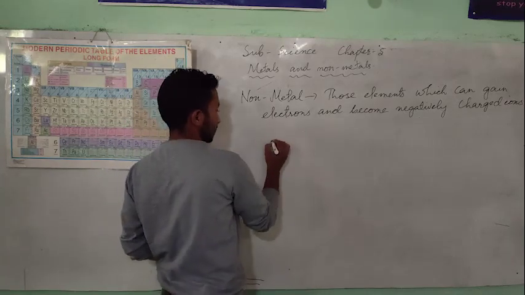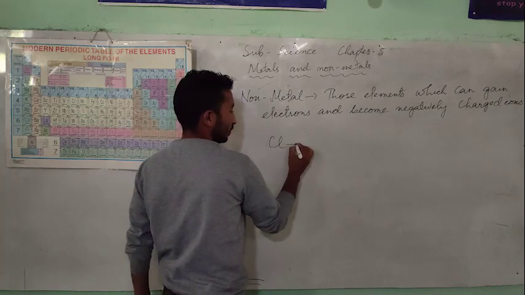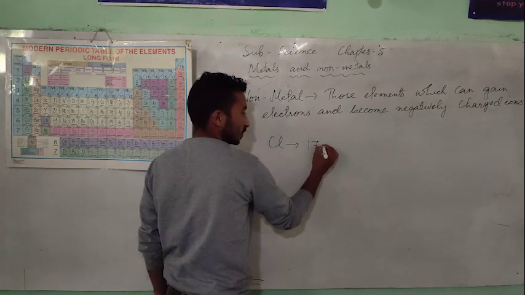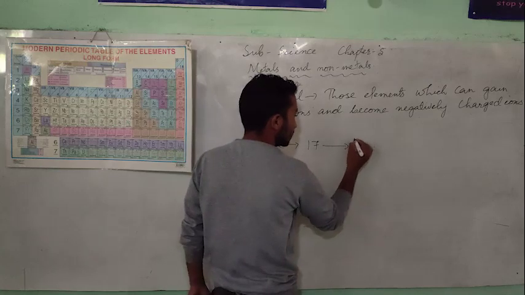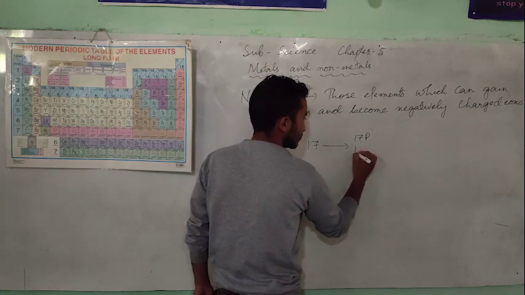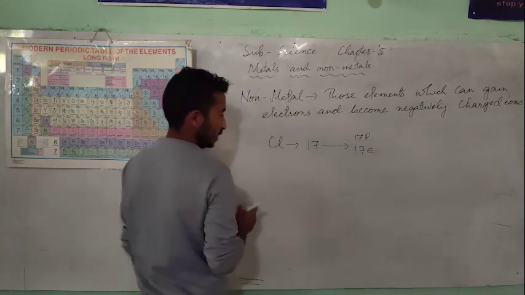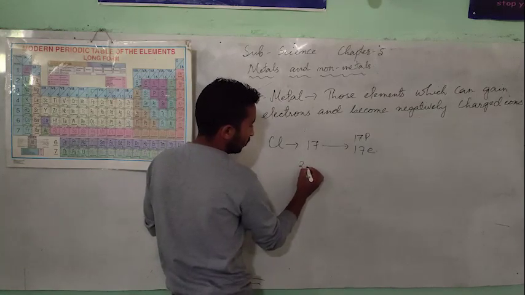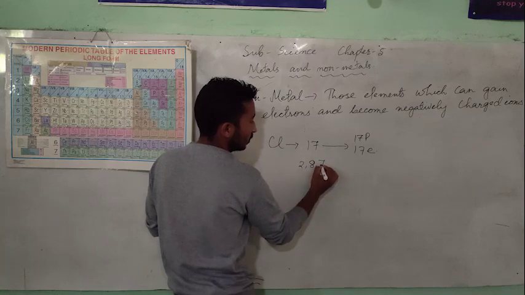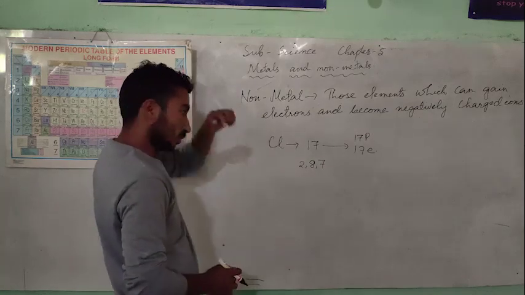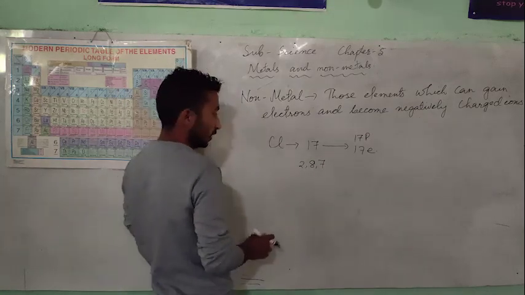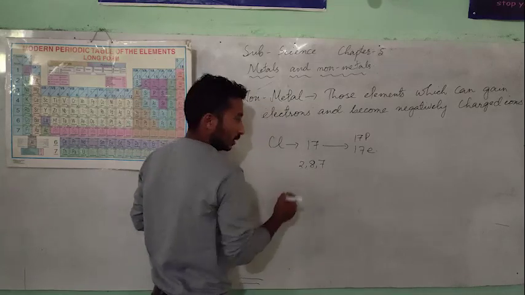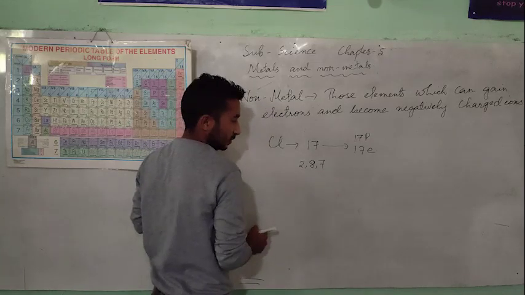Gaining electrons means, let's take an example, chlorine. Its atomic number is 17, so chlorine has 17 protons and 17 electrons. The electronic configuration of chlorine is 2, 8, 7. Now we apply the octet rule again.